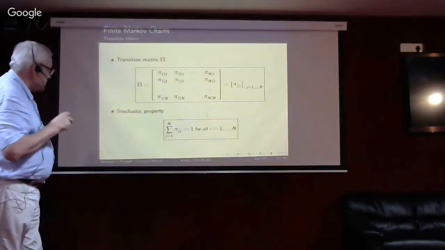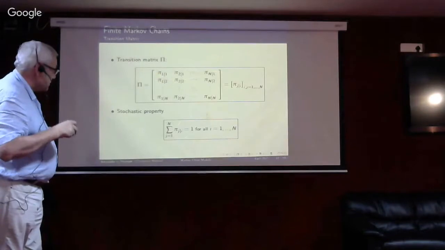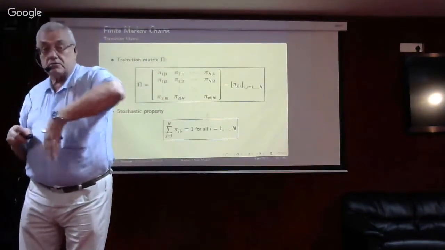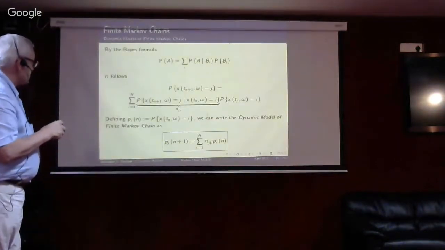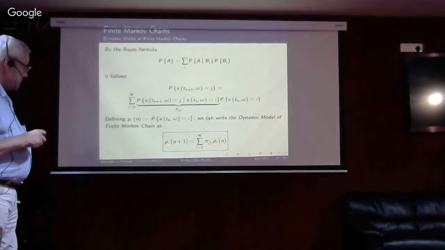So it is evident that the summation of this characteristic in each row is 1, because the probability equals 1. We obligatorily go to one of them. Okay. So using the Bayes formula, it is possible to find the probability for our chain to be in state G at time n plus 1.